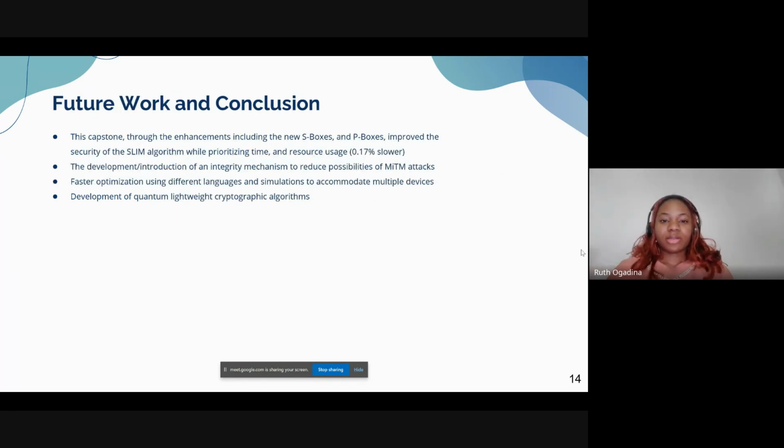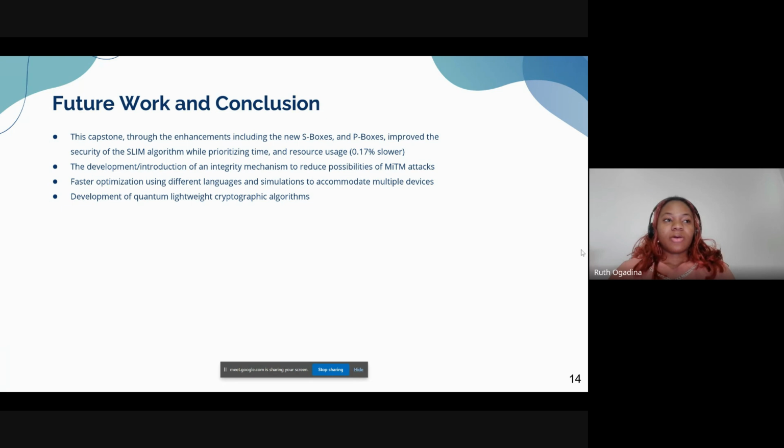So some future work that I hope to see from this capstone would be to see how we can make sure that AMR systems and IoMT devices can be cryptographically secure from the advent of quantum computers, although they're already here. And the lightweight cryptographic algorithms are just designed for low resource IoMT devices.